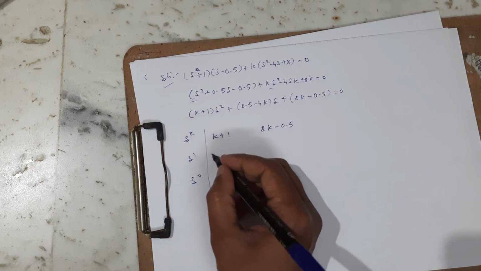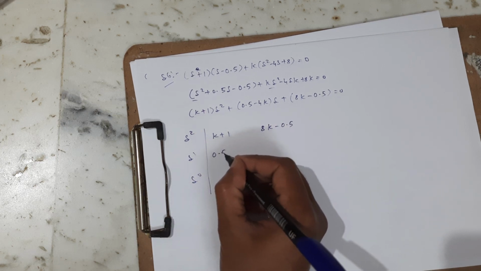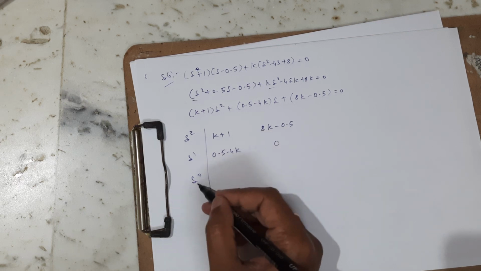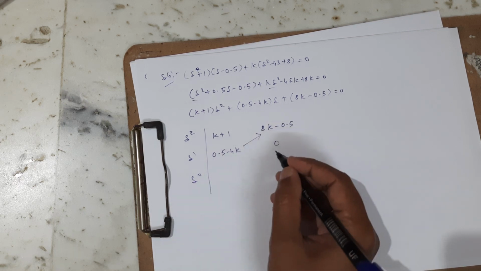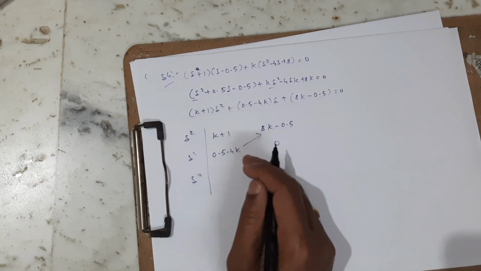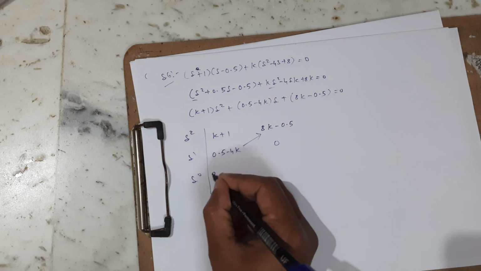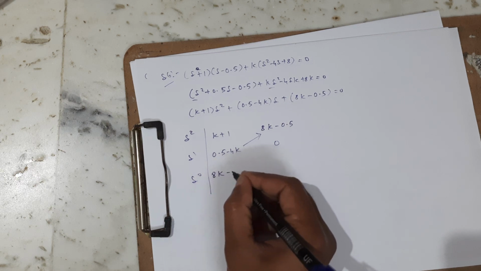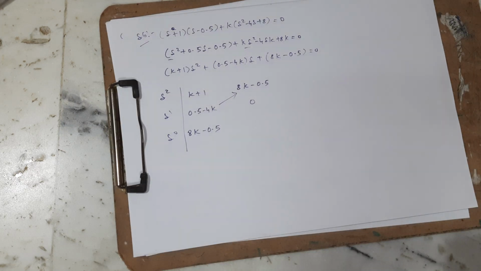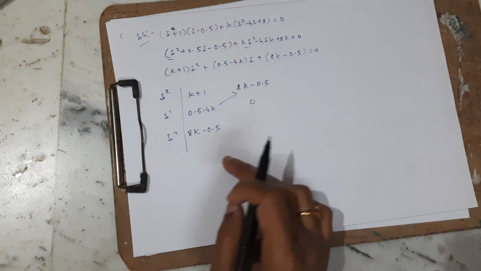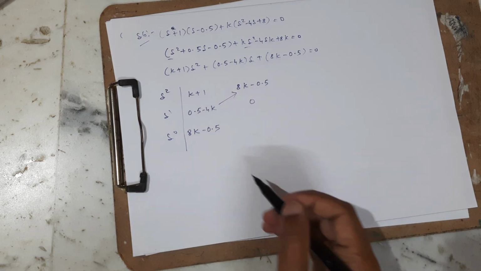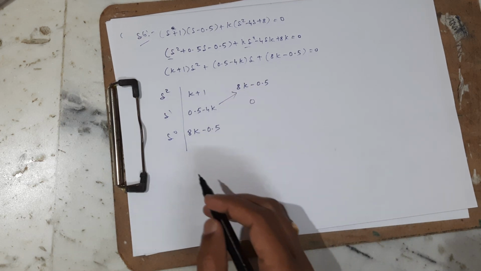For s to the power of 1, it is 0.5 minus 4k, and then 0. Next, the third row gives 8k minus 0.5.